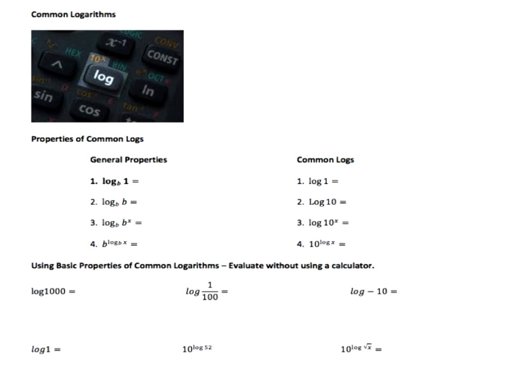And the first one is just your log key. So whenever you just see log and no base written, this is known as the common log. And what this means is that there's an understood base of 10. You don't see it, but it's there.